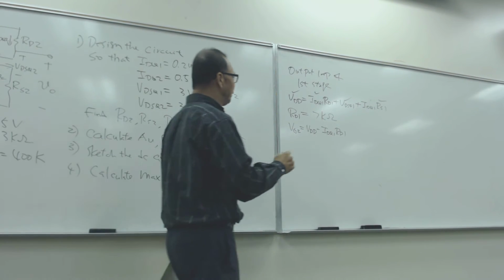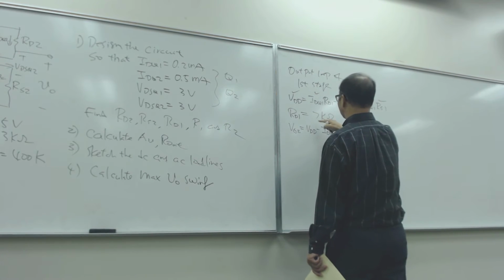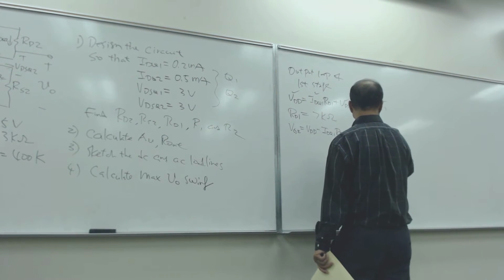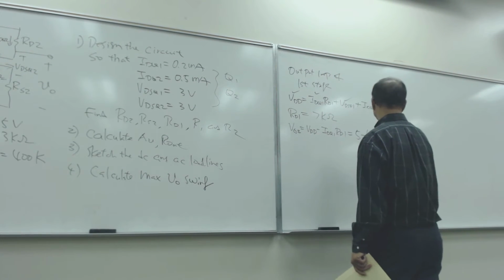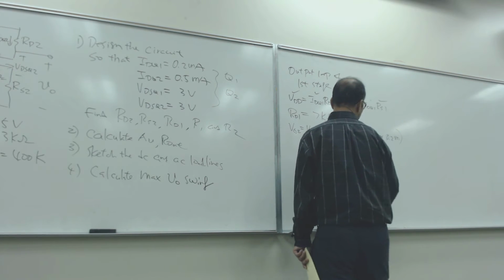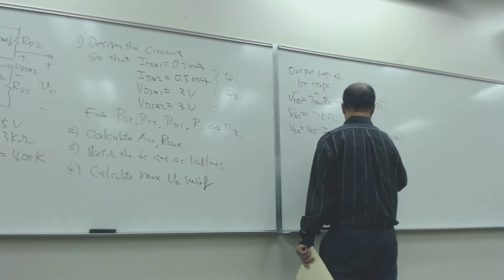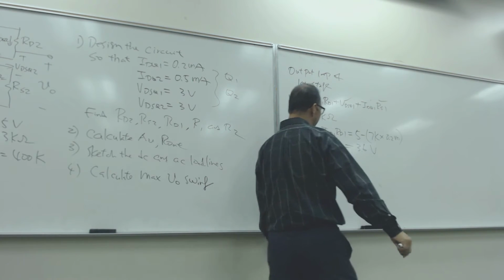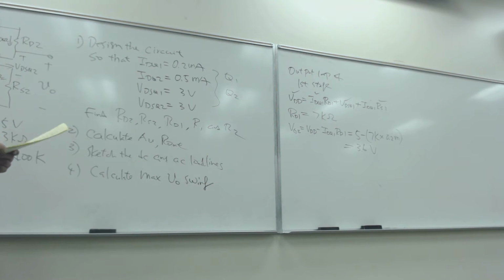Okay, so therefore, this is 5 volt minus RD1, which is 7k, times IDQ1, that's 0.2 milliamp, right? So this is 1.4. So you get 3.6 volt. VG2. Am I right or not? Okay.